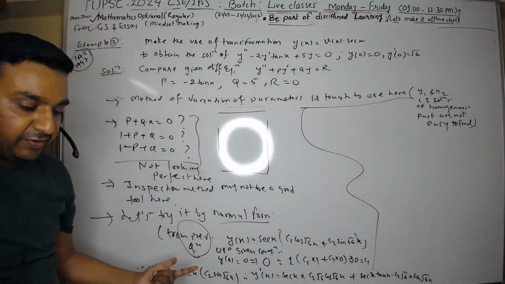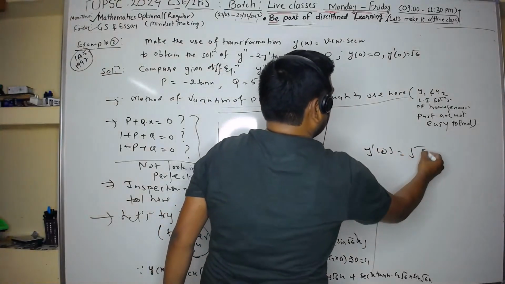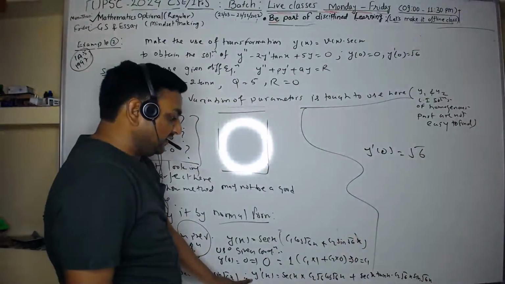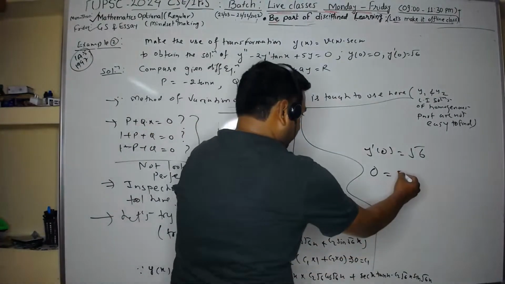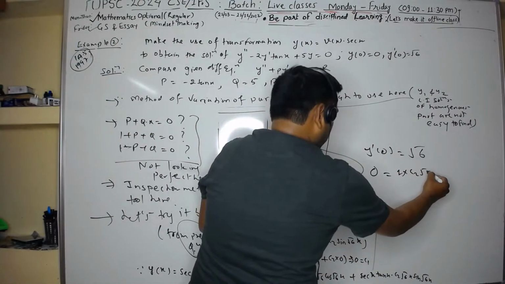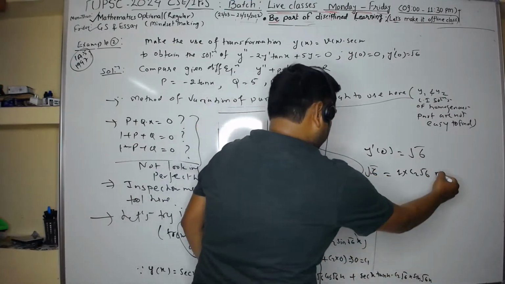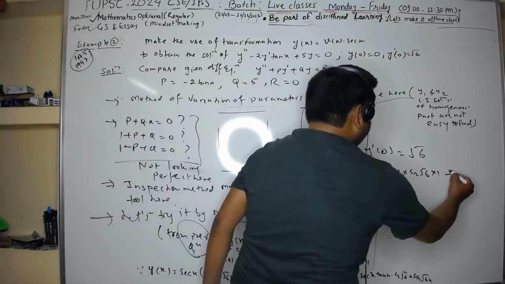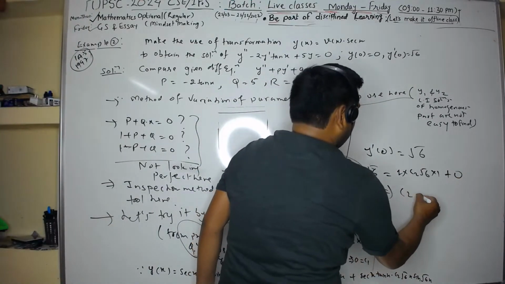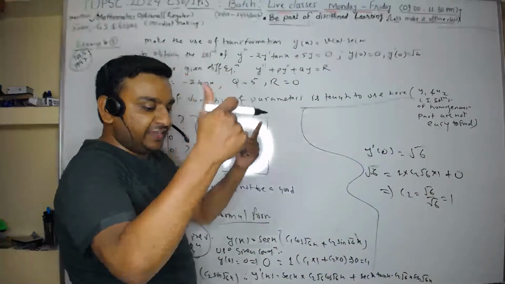Now what is the condition given to us? y dash at 0 क्या दे रखा है? root 6. So y dash at 0 root 6 means root 6 equals sec 0 is 1, C2, अच्छा ये root 6 दे रखा, C2 cos 0 is 1, plus sec 0 is 1 tan 0 is 0. इसका बच गया बाजा. C2 equals 1. So what is the required solution?